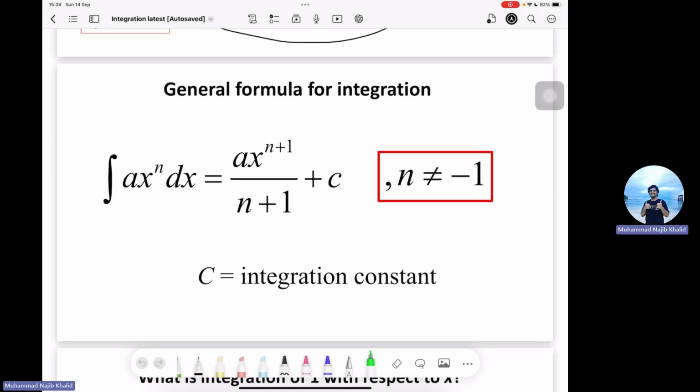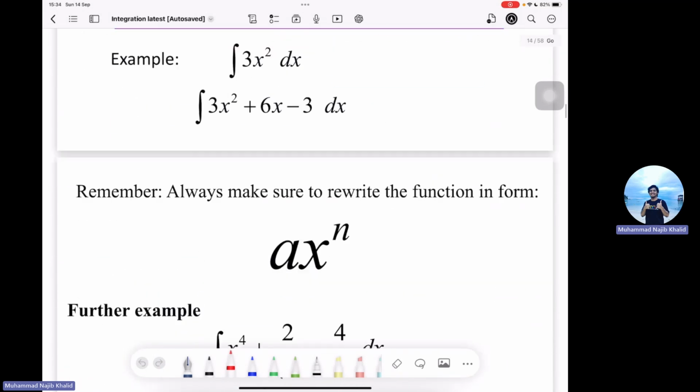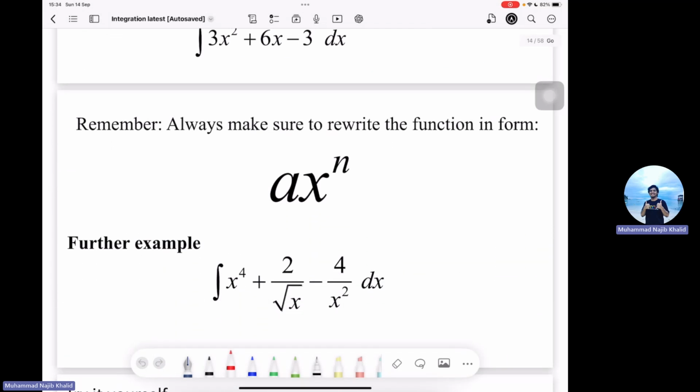One thing that I'm afraid most of you will forget is to rewrite the function in the form of ax^n.